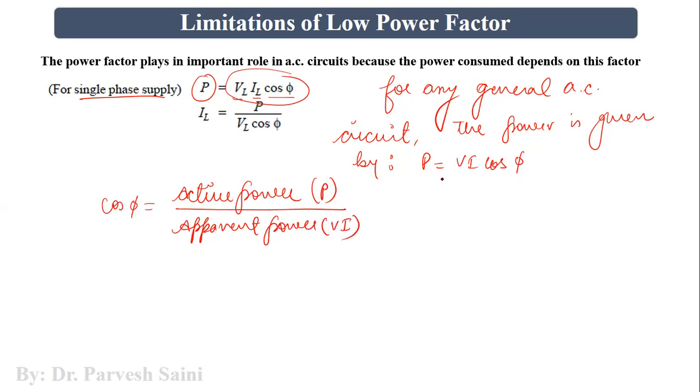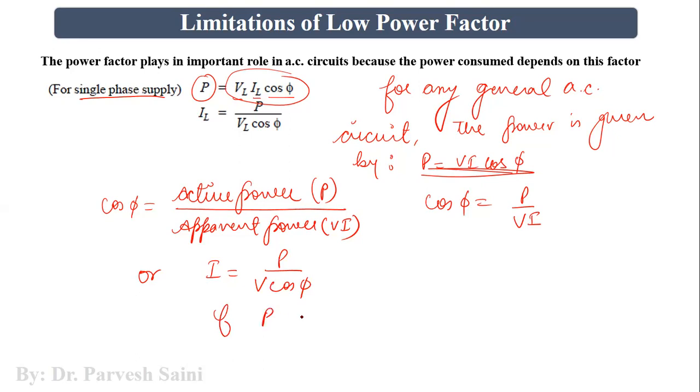So cos phi = P by VI, or we can say that I = P by V cos phi.